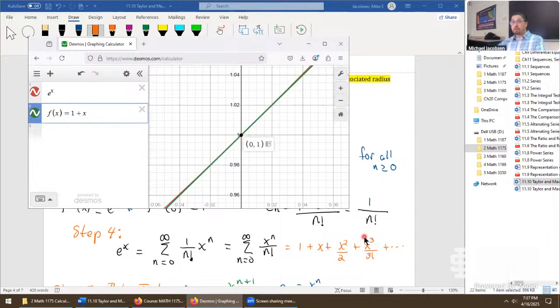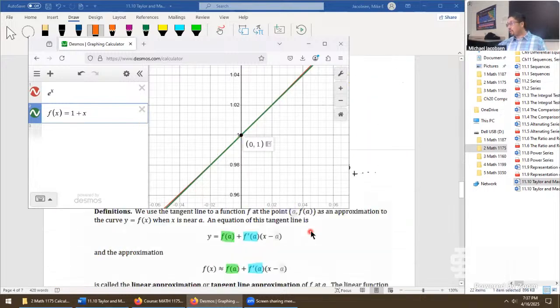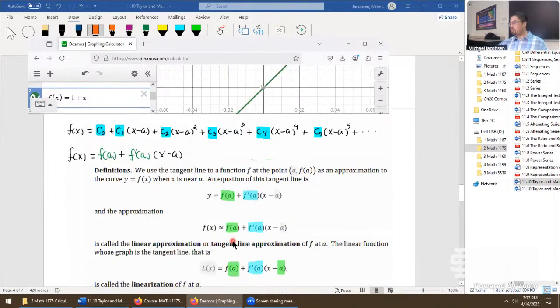And this was a discussion that we were having earlier in class. Like we mentioned, this is the best local linear approximation of f at the center 0. And it's something you do in Calculus 1. In Calculus 1, you do a linearization process where you take a function that's differentiable, and linearizing it means you write this thing down.